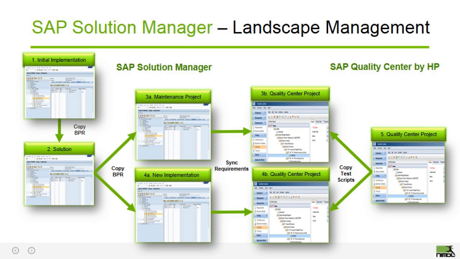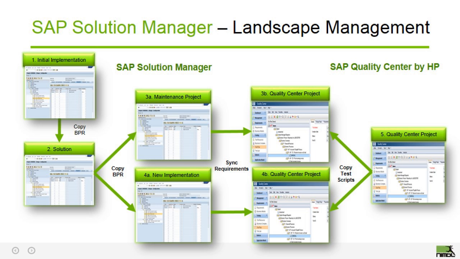If you're doing a new implementation, so today your sales and distribution doesn't include CRM, but tomorrow you want to introduce a CRM tool, you can copy your current business processes into a new implementation project and make those changes in here.